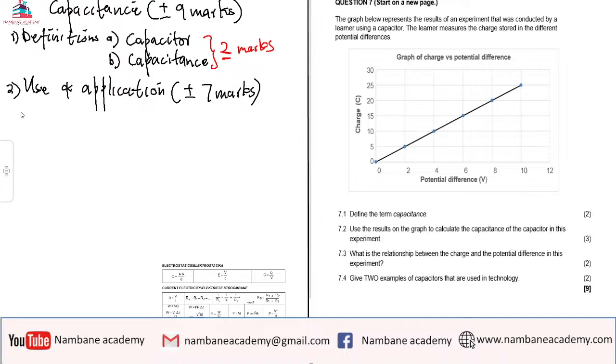First thing, a capacitor is a device, very important, a device that stores electrical charge.